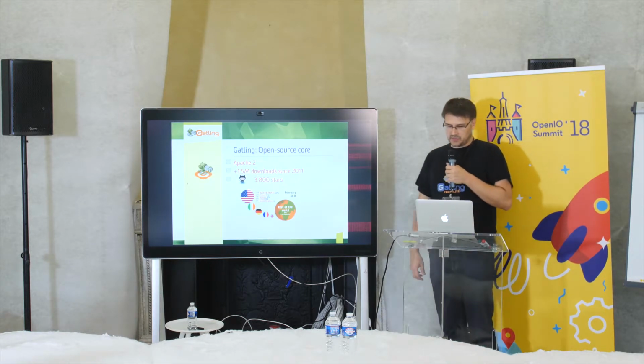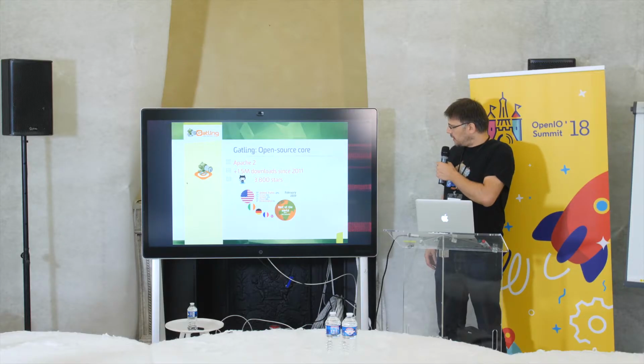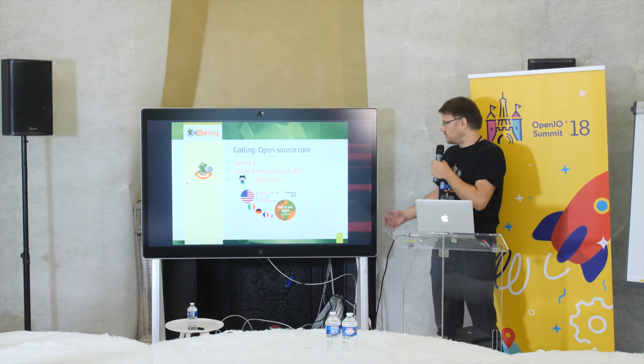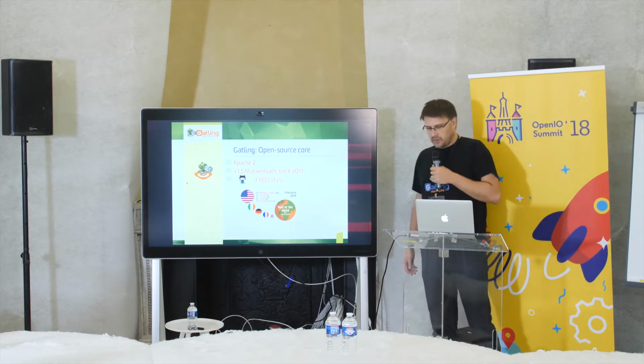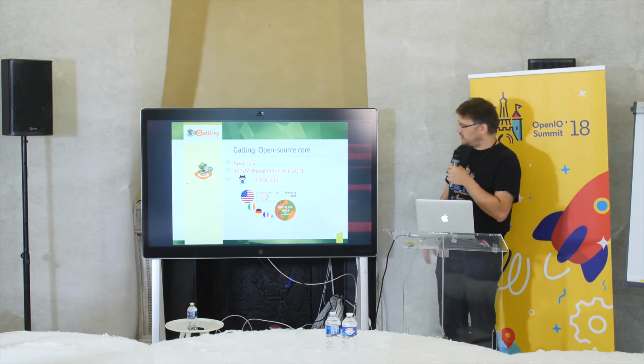A few words about Gatling. Gatling is an open source project. The core is really open source. It's available on GitHub under the Apache 2 license. We've passed the $1.5 million since we started, and the project is pretty popular on GitHub. We are really being used all over the world. It's not a Frenchy project.